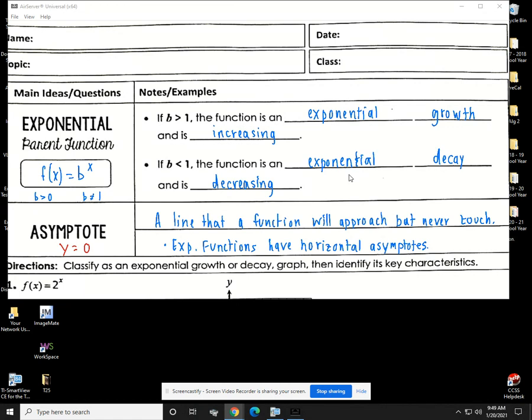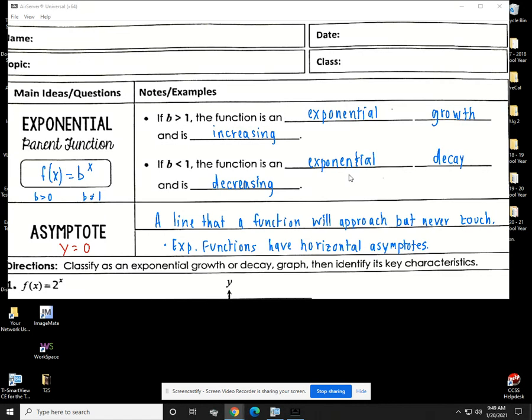Now let me explain that. The reason it's y equals 0 is because it's the x-axis. The x-axis is your horizontal asymptote for all of your parent functions for these exponential graphs. Now, there's one thing in particular that changes that asymptote. But in its most basic form, the horizontal asymptote is y equals 0.